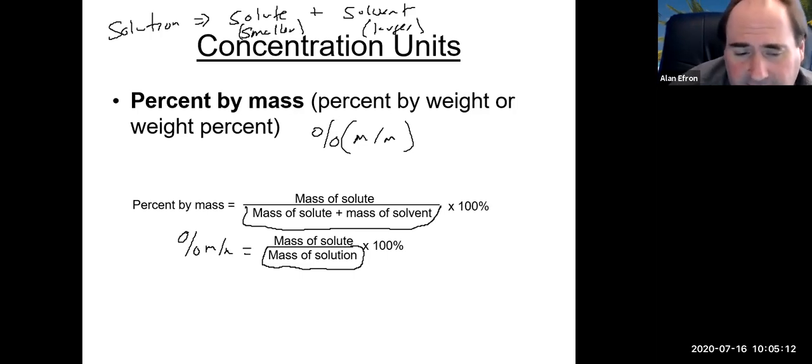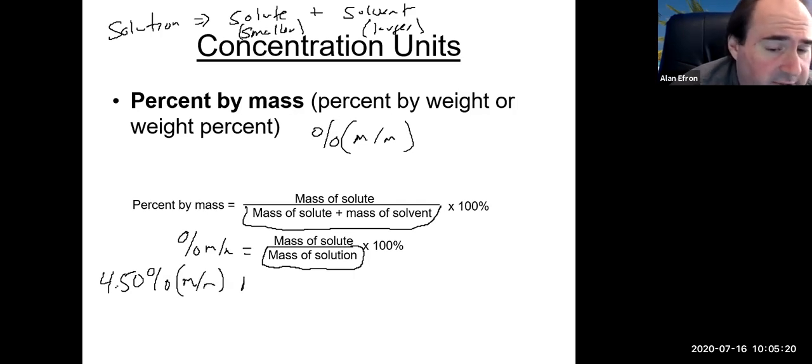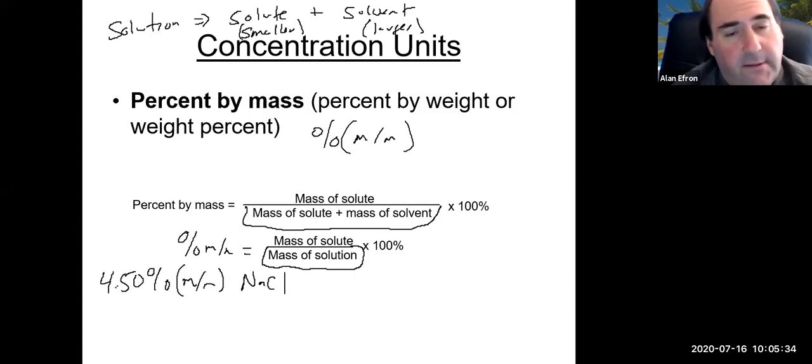What that means is, for example, if I had a 4.5% mass to mass solution of sodium chloride, you could actually take this percentage and convert it into a usable conversion factor. So usually when we have a percentage, we oftentimes will consider having 100% of something, right?